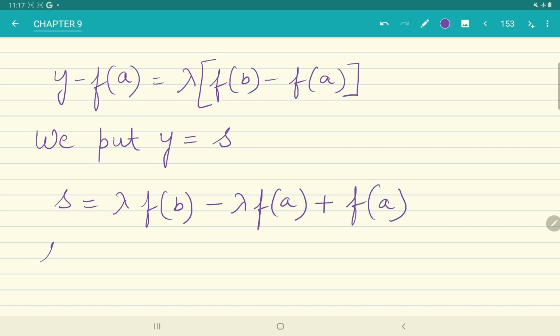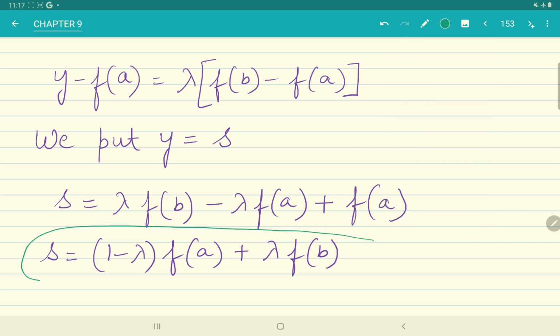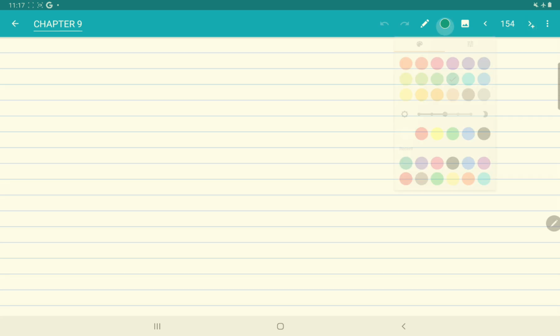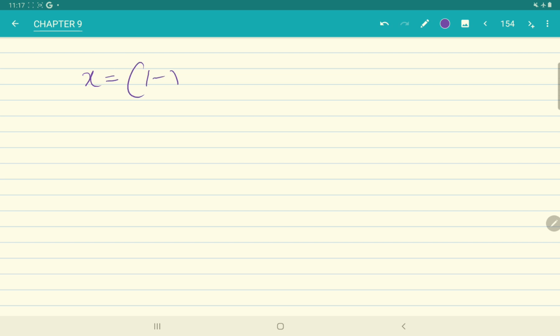So s is equal to 1 minus lambda f of a plus lambda f of b. So I now have my s, corresponding to my x, which is equal to 1 minus lambda a plus lambda b.